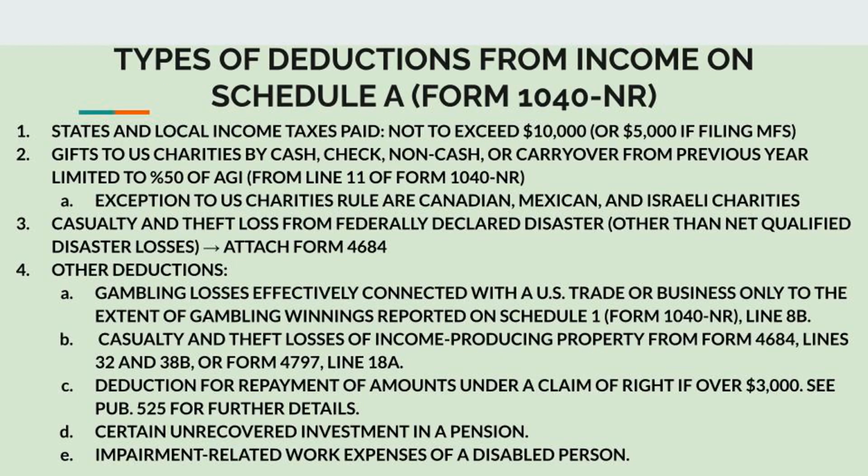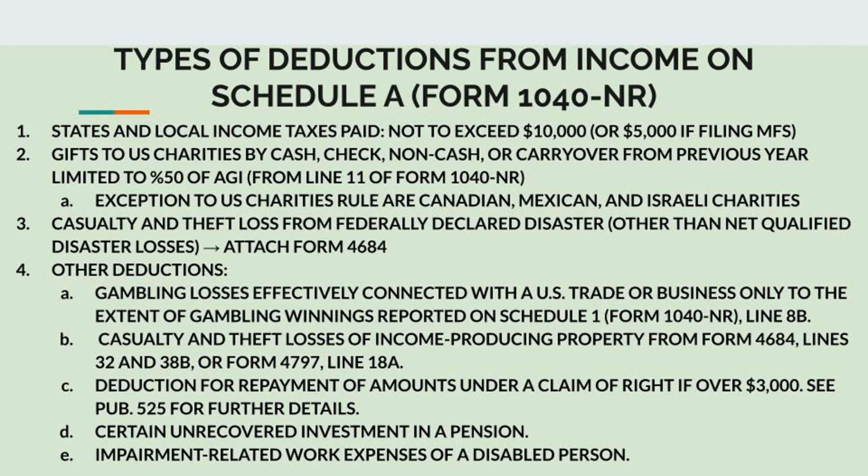Now, in the next part, we're going to look at the types of deductions from income that you can use against your income to reduce your tax liability. These deductions are elected and declared on Schedule A of Form 1040-NR.